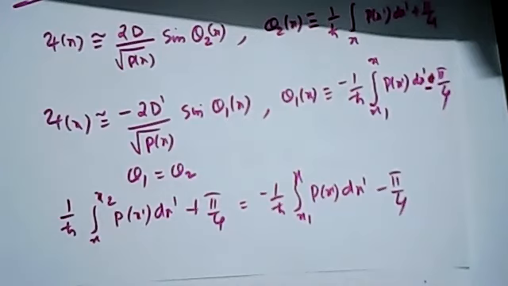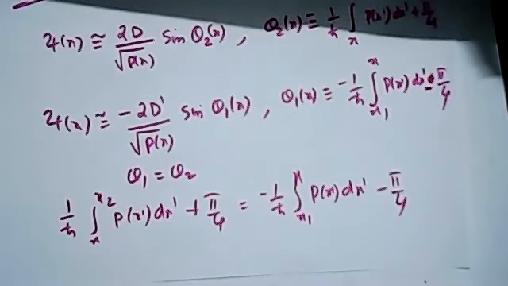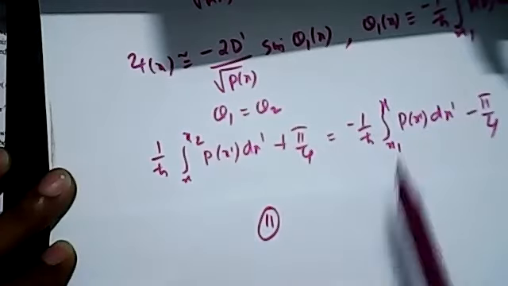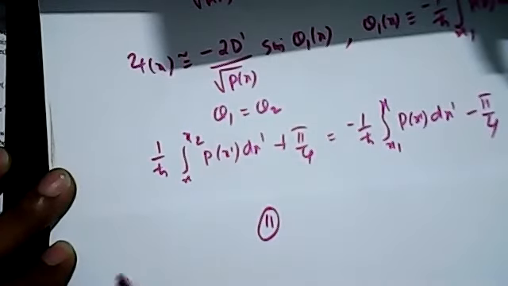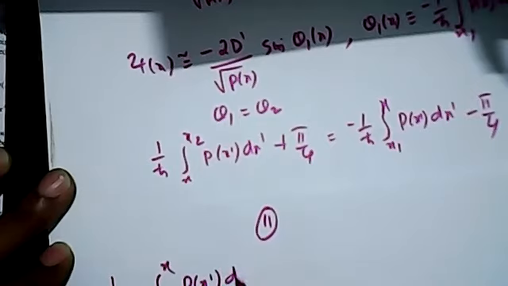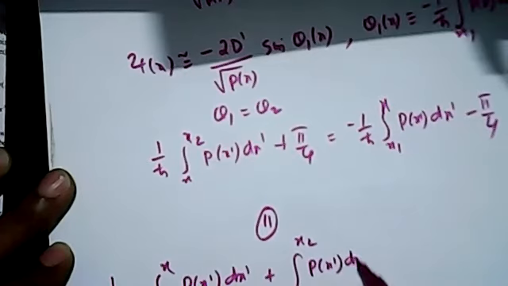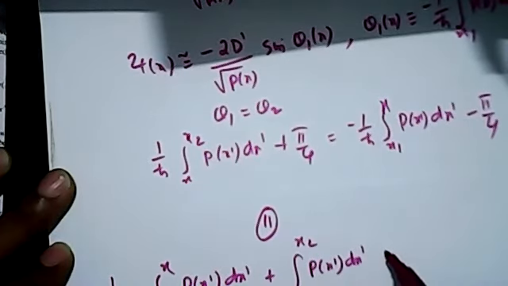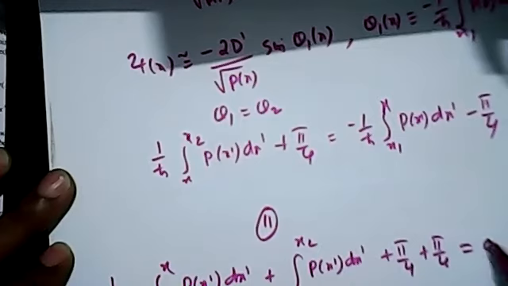So take both to the same side. Taking this one to the left side, we get 1 by h cross into integral x1 to x p of x dash dx dash plus integral x to x2 p of x dash dx dash plus pi by 4 plus pi by 4 equal to 0.